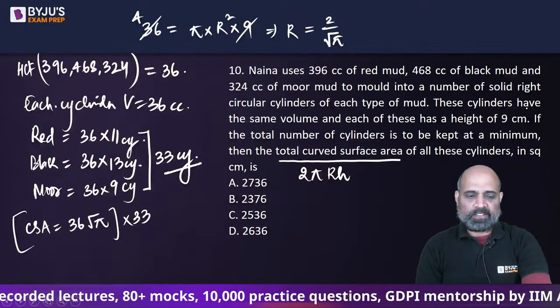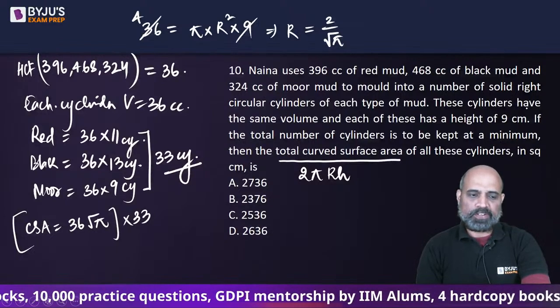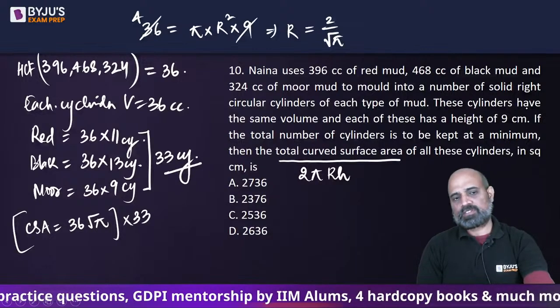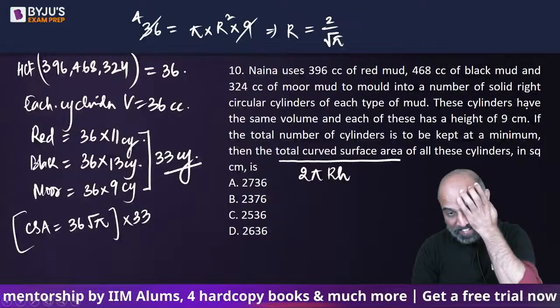So we need 36 into 33 into 1.7 के आसपास. Now 1.7 कितना? This is calculative.